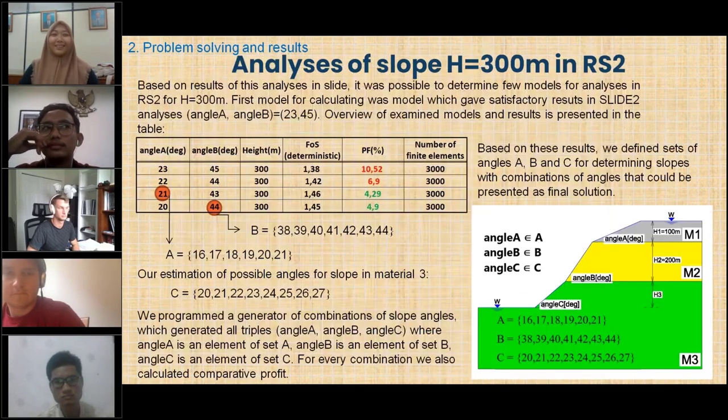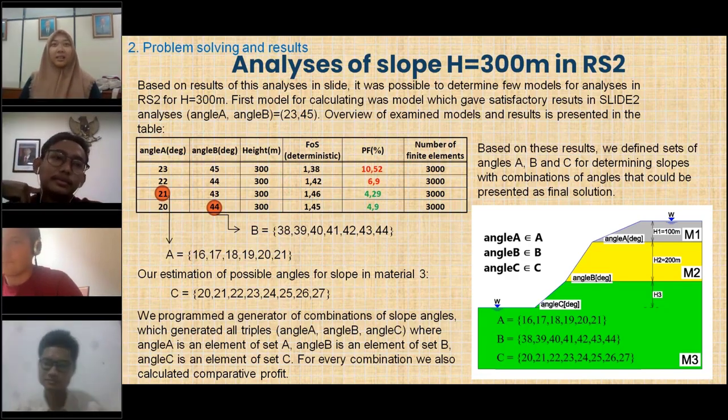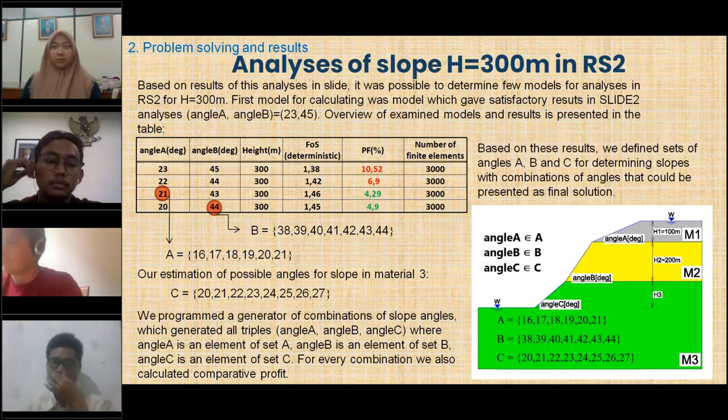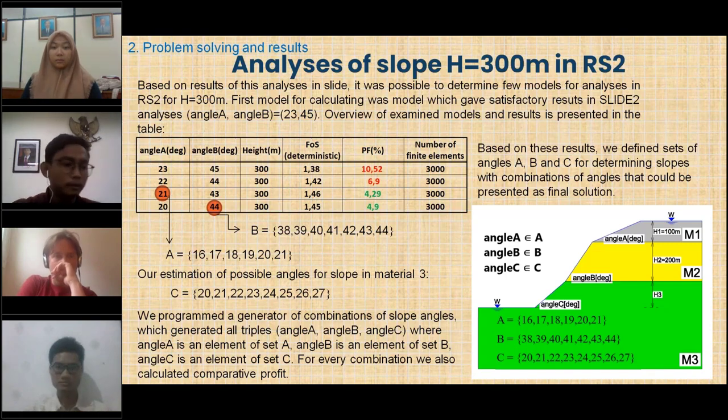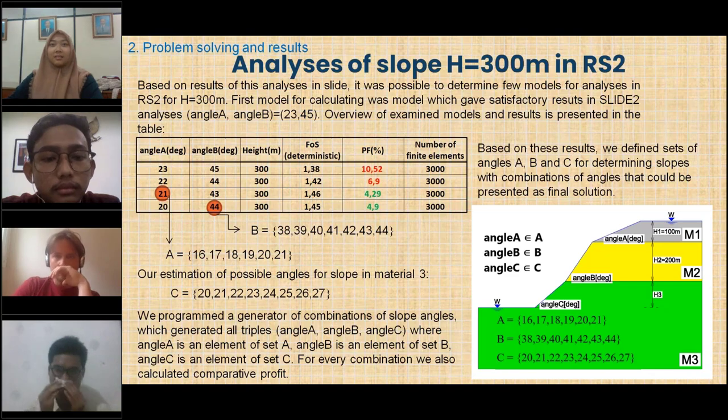In the next step, we used the RS2 program and finite element method to determine slope angles that gave satisfactory results at a depth of 300 meters. Two combinations of angles gave stable slopes. We used these values to define sets of angles A and B as shown on this slide. Our estimation of possible values for angle C is also shown in this slide.